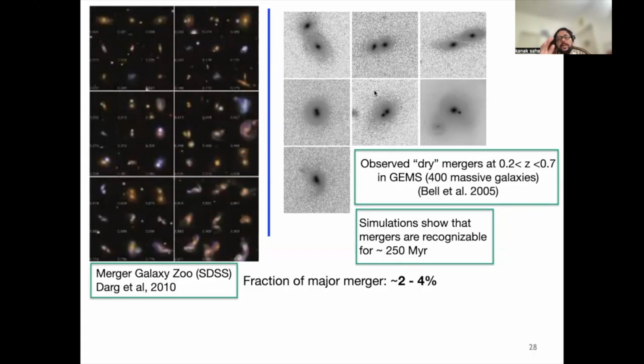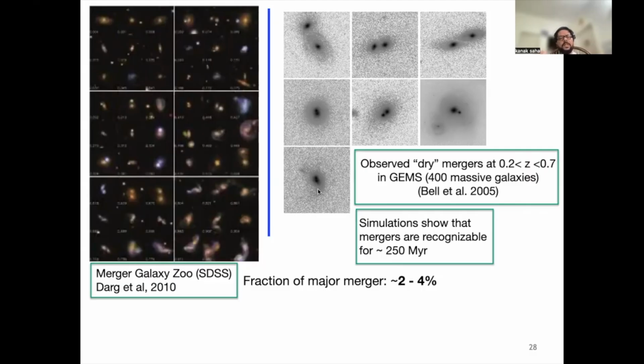And this is slightly at a higher redshift, from redshift about 0.2 to 0.7. This studied the Hubble GEMS survey, and they studied about 400 massive galaxies, and only 7 pairs are found. So again, this shows that the pair fractions are actually pretty small.